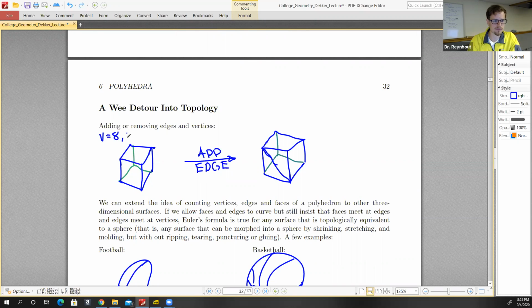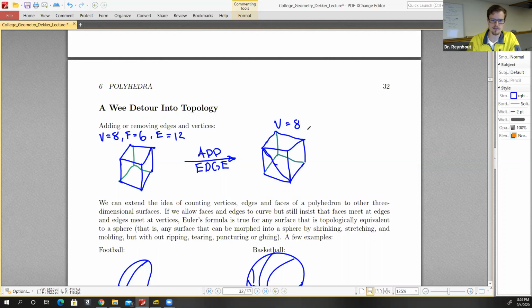The number of faces is 6 because that's a cube. And the number of edges, there's 4 on the top square, 4 on the bottom square, and then the 4 verticals, so 12 edges. But what we've done is we've kept the same number of vertices.